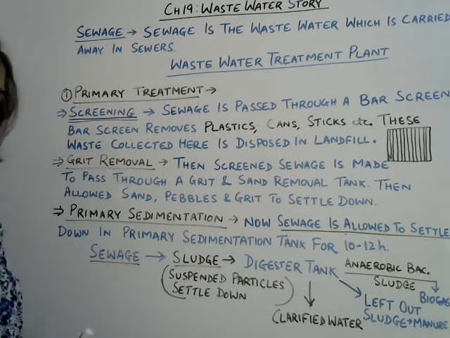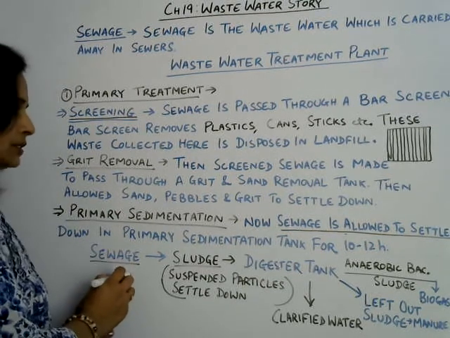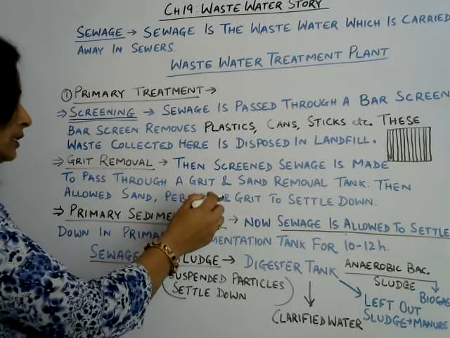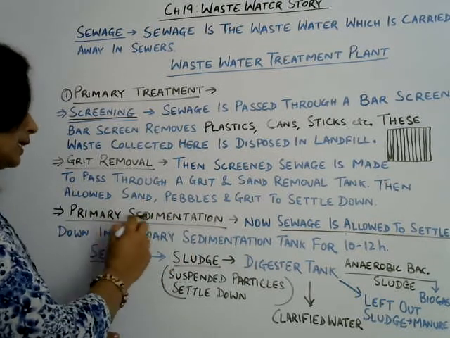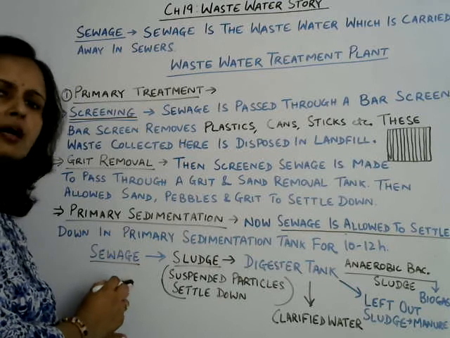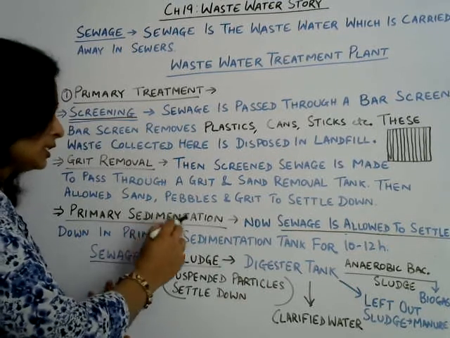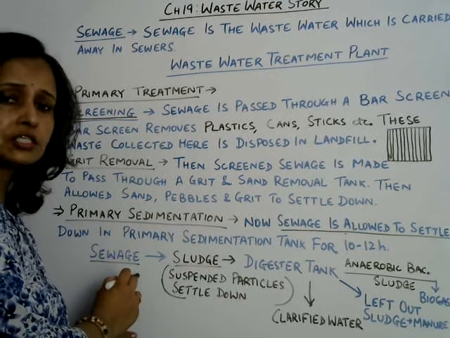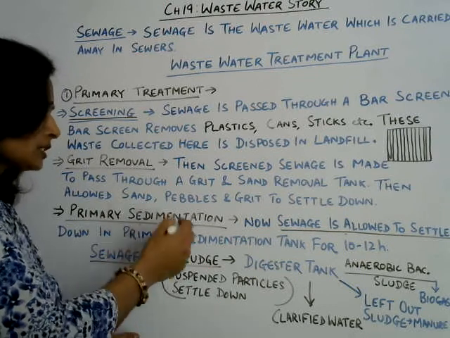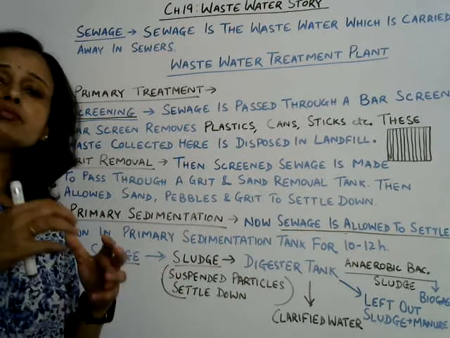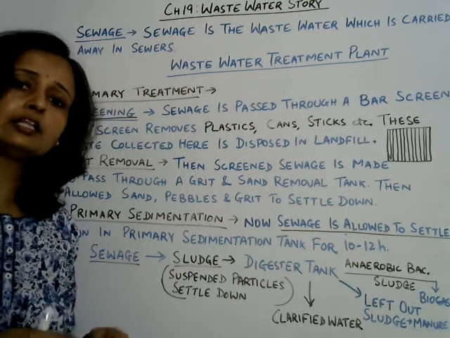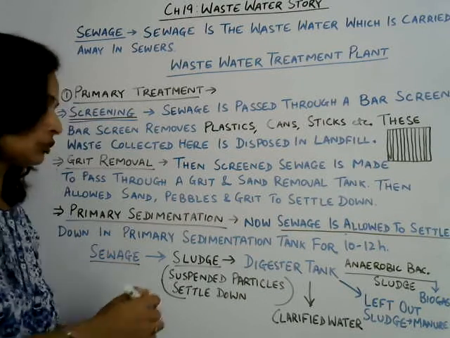Then the sewage that comes from the grit removal tank to primary sedimentation, after being allowed to settle, that is after sedimentation, the suspended particles are finally settled down on the tank, and those suspended particles are called sludge.